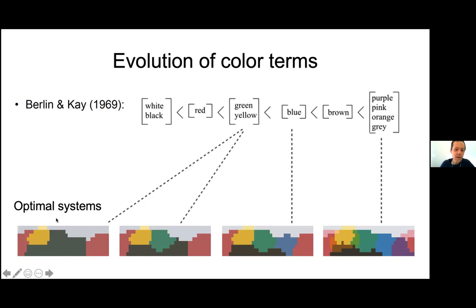If you look at the trajectory of optimal systems predicted by this information theoretic framework, it actually gets this early stage wrong. It predicts that yellow ought to come along before red. Remember I pointed out before that lumpy color space has a big lump in the yellow region. That's why the model likes yellow as the first category to come along after light and dark. In that respect it departs from the data, but after that, it does a decent job of capturing the order in which color terms enter the language.